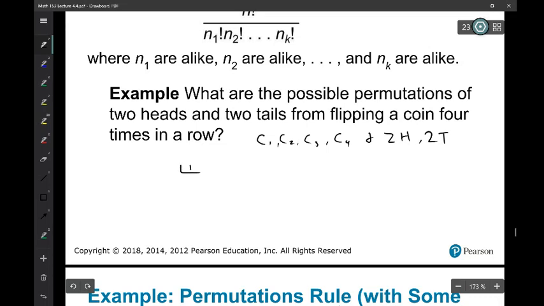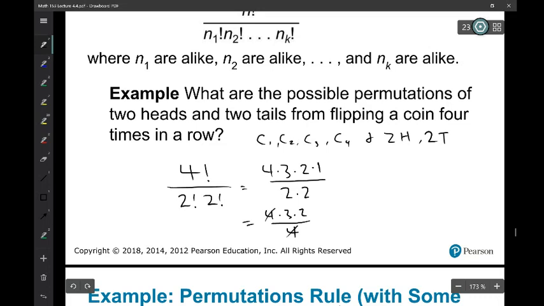Well, that's 4 factorial over 2 factorial times 2 factorial, which is 4 times 3 times 2 times 1 over 2 times 2, which is 4 times 3 times 2 over 4. The 4's cancel, and we get 6.